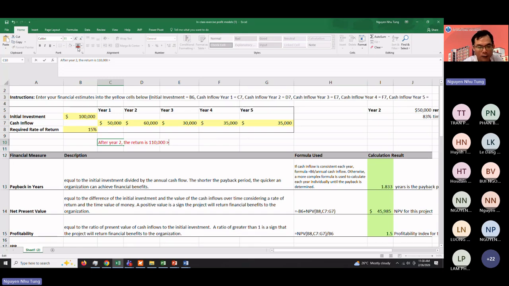It's greater than the initial investment. So it means that you don't need to wait until 2 years for payback. All right, less than 2 years, that's enough. So the answer is somewhere between 1 and 2. So what exactly is the period value?